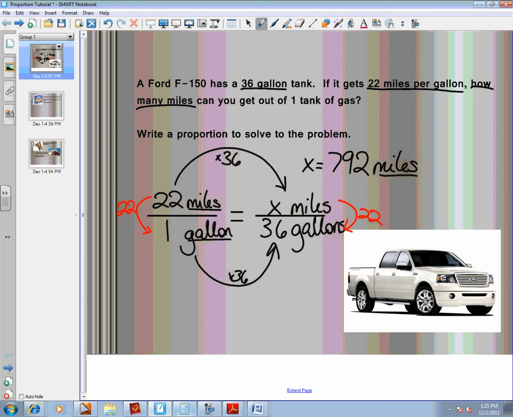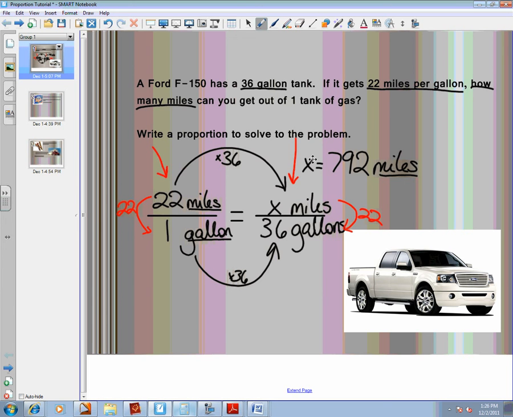So I need a bigger number on top, so I must be multiplying 36 times 22. And that's another thing I want to point out, is as I look at my proportional statement, the number on top over here is larger than the number on the bottom. So that means over here, my number has to be larger in order to have that same relationship.